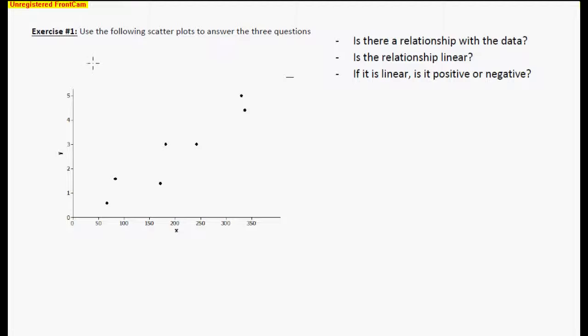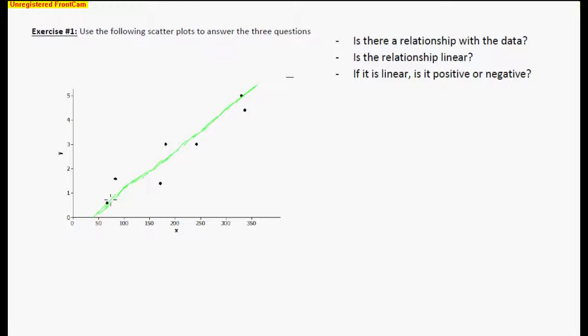And if I could imagine taking a line, and we're getting a little bit ahead of what we're doing, but if I could imagine taking a line and trying to sketch a common path through these points.